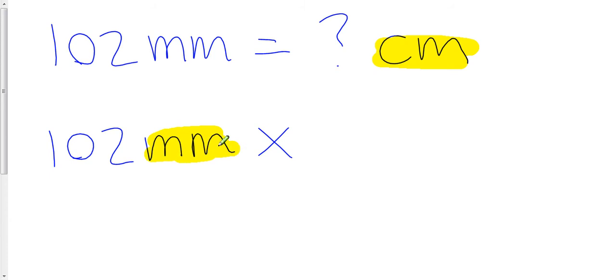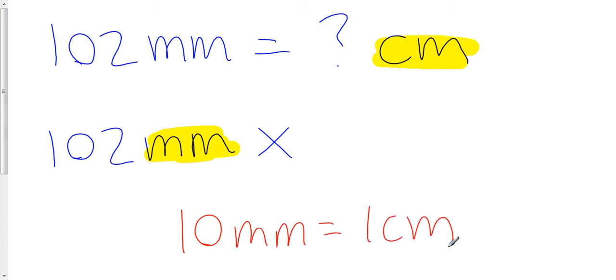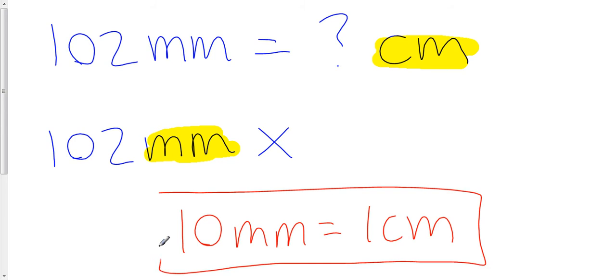I need to have a relationship between millimeters and centimeters, something that I know. Often you'll get this off of a chart or a sheet. Well, I happen to know that 10 millimeters is equal to 1 centimeter. This is a true statement. This here is my rate of conversion.